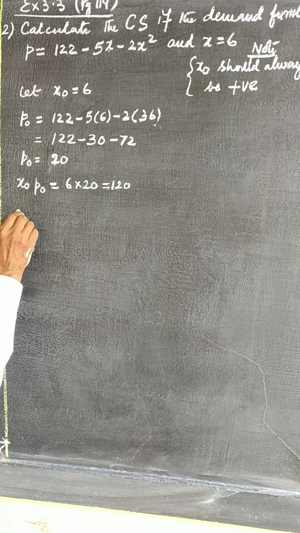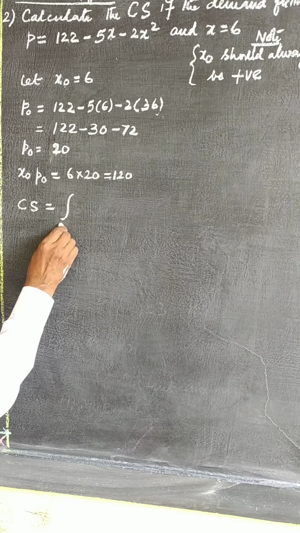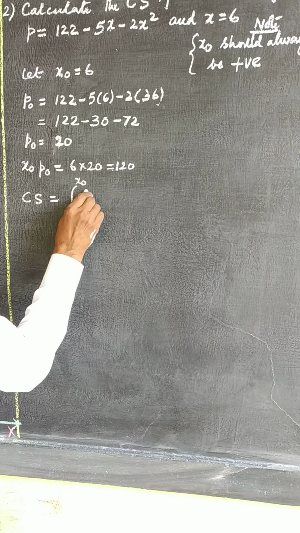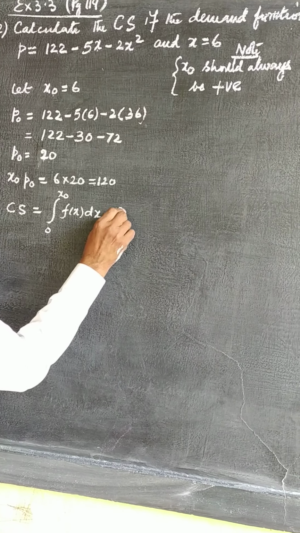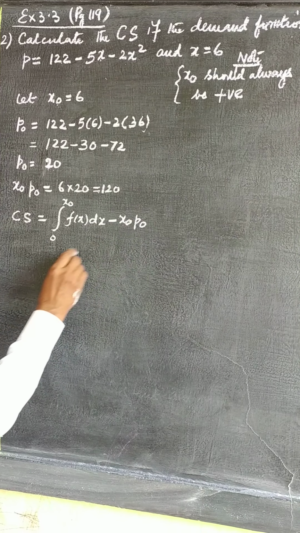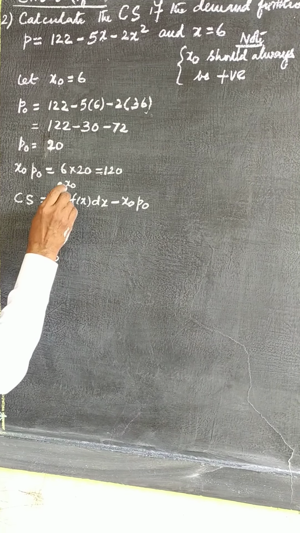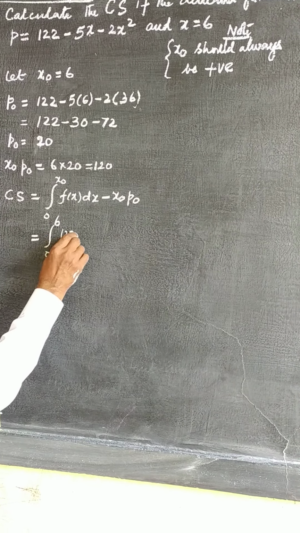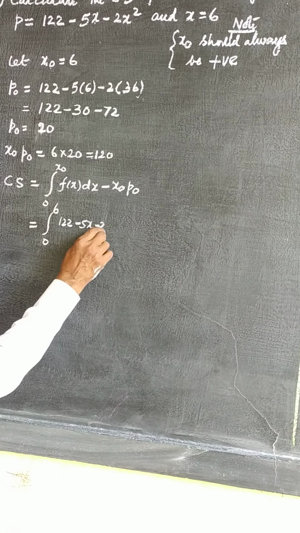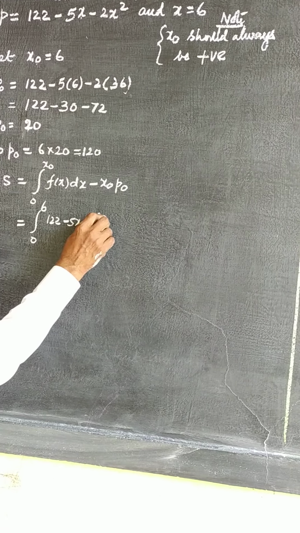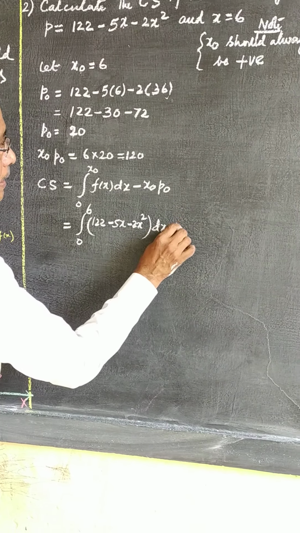Now CS is equal to integral 0 to x naught f(x) dx minus x naught P naught, which is equal to integral 0 to 6 of (122 minus 5x minus 2x square) dx minus 120.